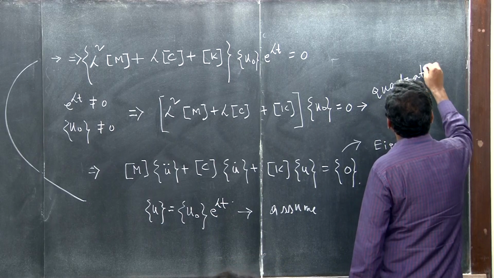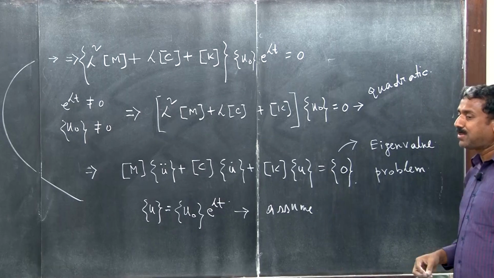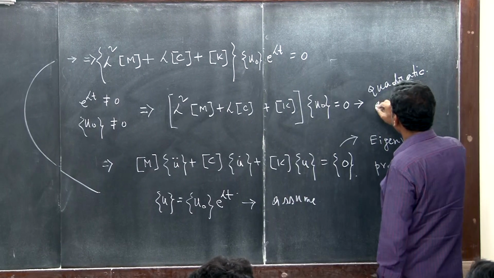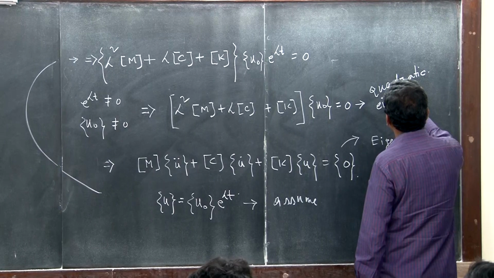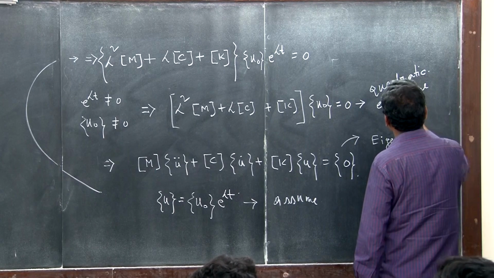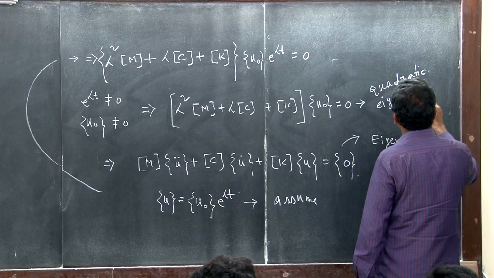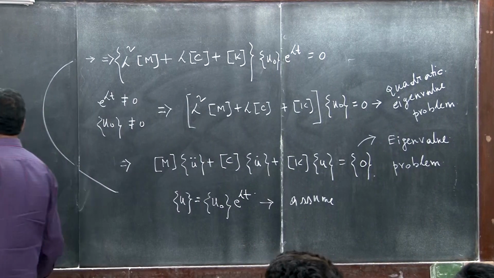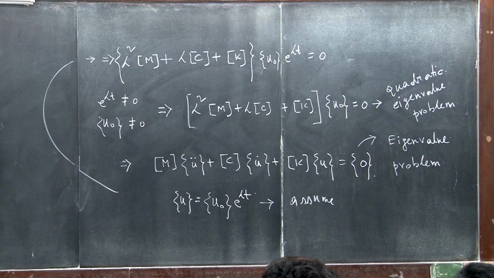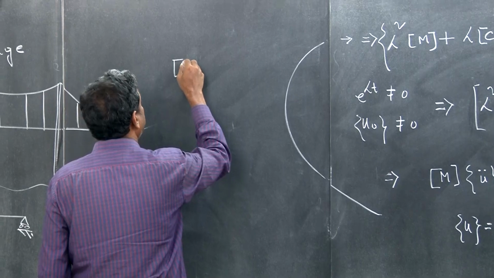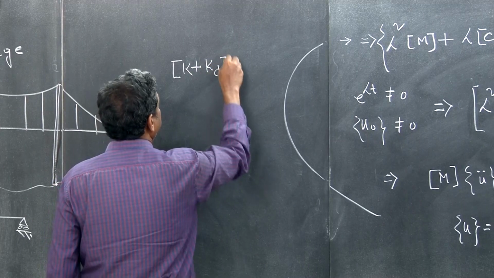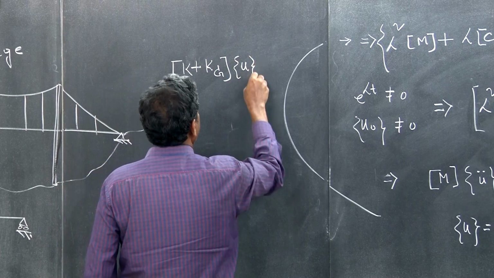So this leads to a quadratic eigenvalue problem. Why quadratic? Because it is little different from the standard form eigenvalue problem, right? If you can recall, in the stability class we learned k plus kg u is equal to 0.